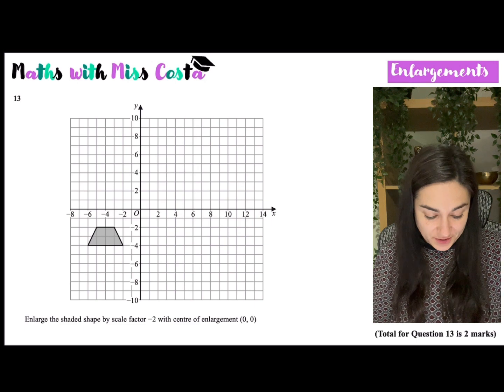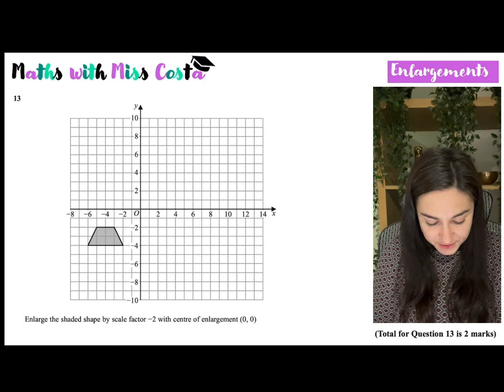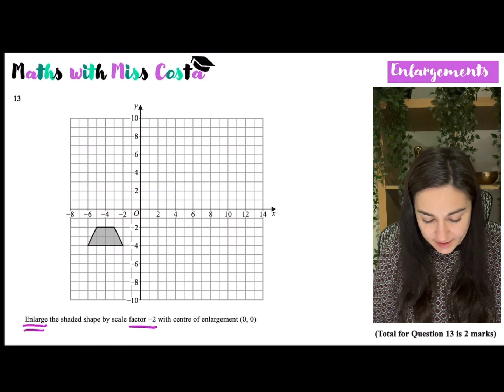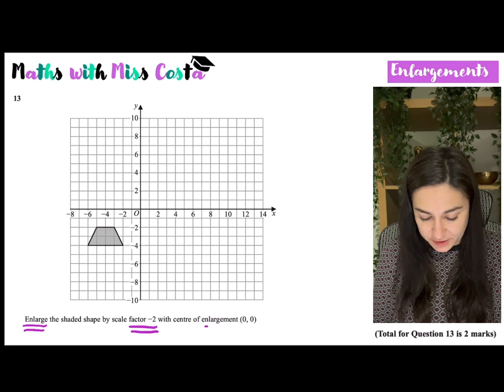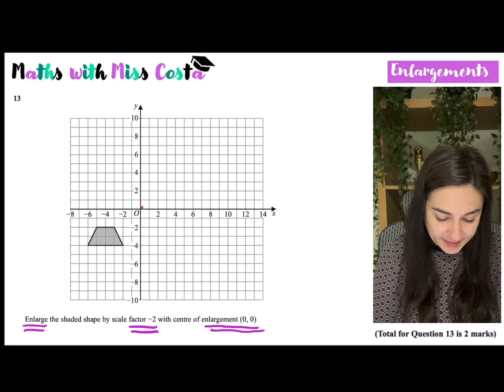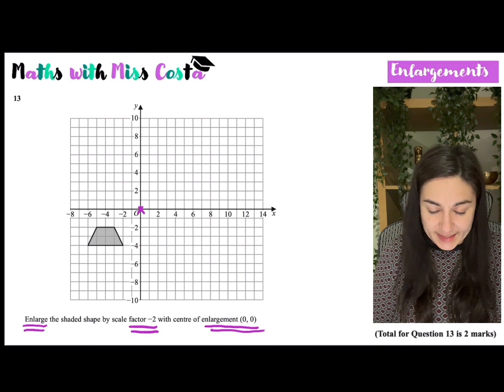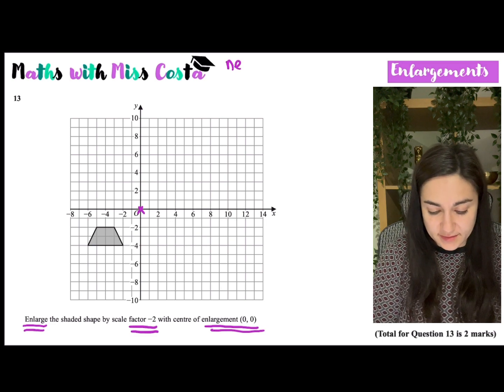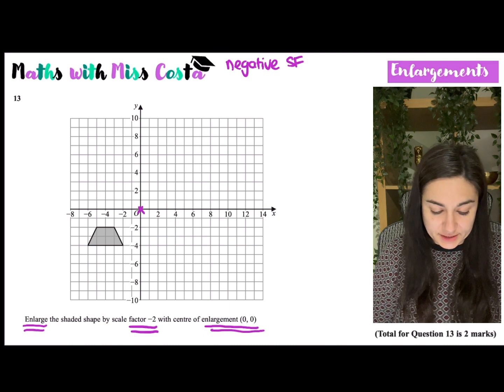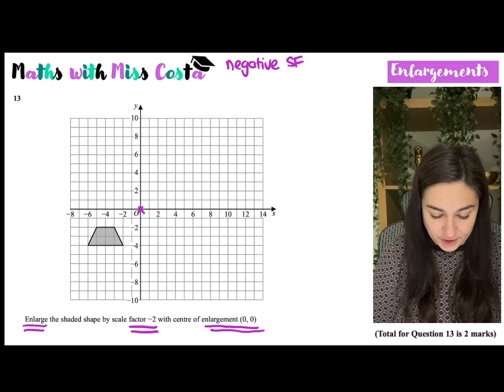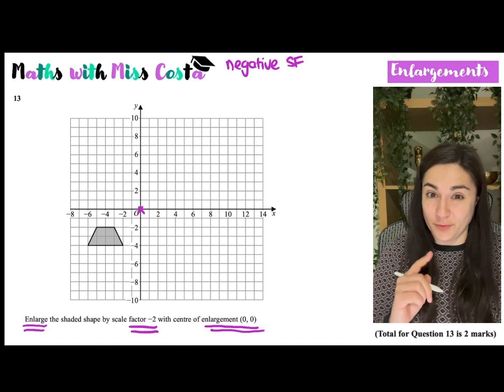Okay, in this question I am asked to enlarge the shaded shape by scale factor -2 with centre of enlargement 0, 0. So my centre of enlargement is here, and a negative scale factor just means that you are going in the opposite direction. So normally I would expect to be going in the same direction, but I'm going to reverse the direction.